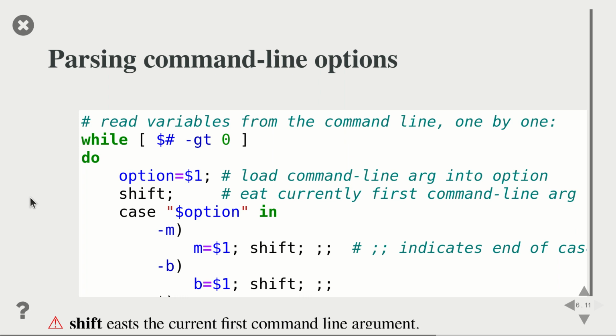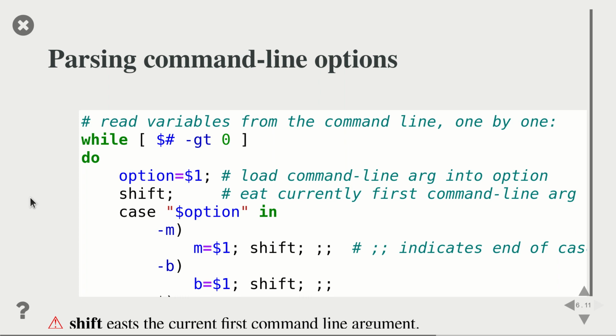So a much better way is to do a while loop and loop through all the command line arguments that you have. The idea is very simple. You check if the number of command line arguments is larger than 0. If it's larger than 0, you check what the value of that command line argument is, and then you remove it from the list of command line arguments. So you eat it away.